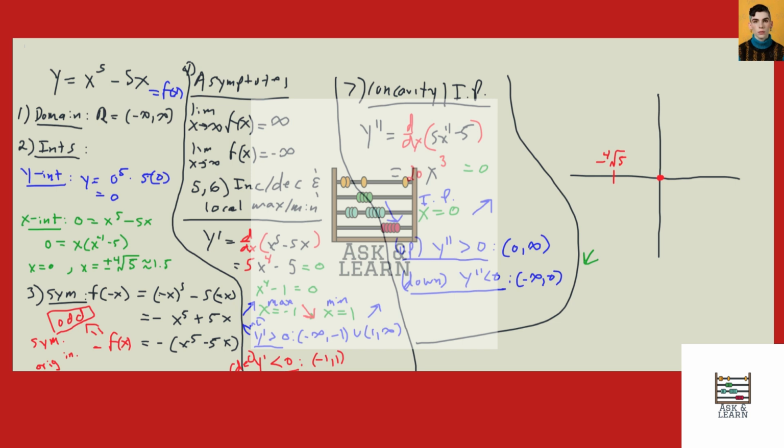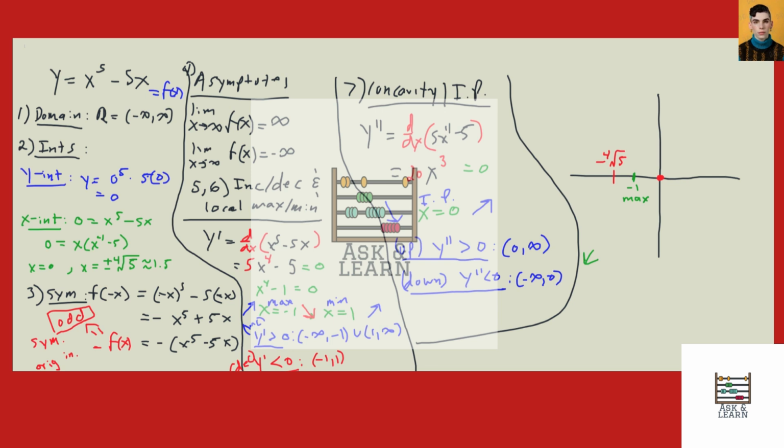And we know that we have a local max at x is equal to negative 1. So negative 1 will be right here, and we know this should be a max. All right, so that should be everything for the left side of this function.